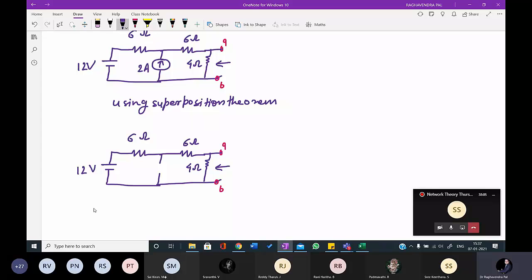Quickly: 12 divided by 6 plus 6 plus 4, multiplied by 4. That is equal to 12 divided by 16 into 4, which is 12 upon 4, equal to 3 volts.